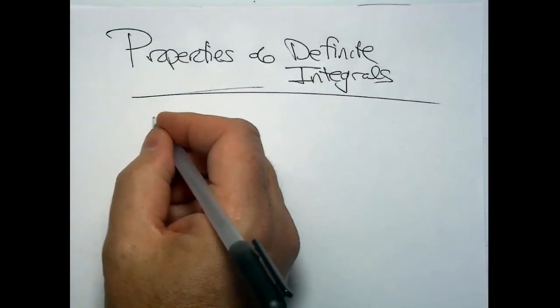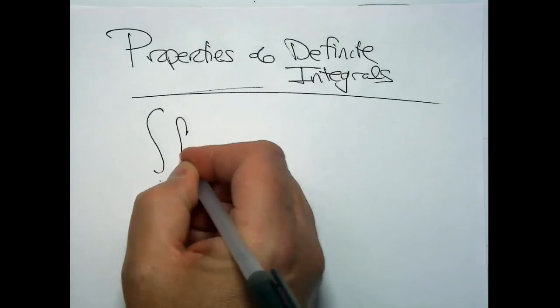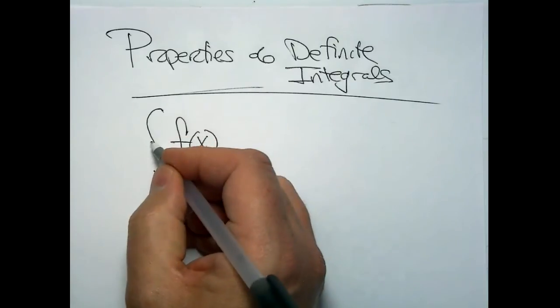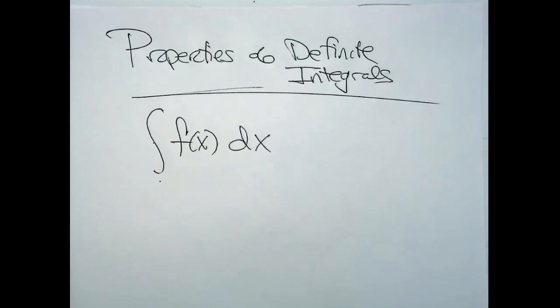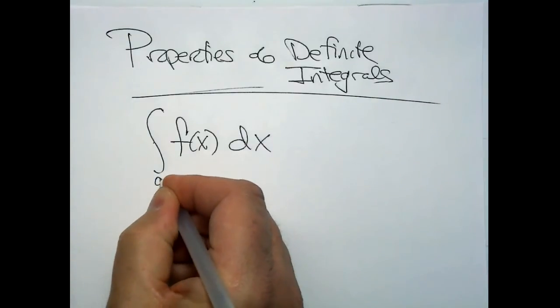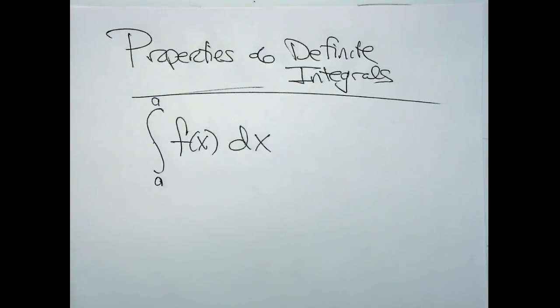Think about this one. What is the area beneath the curve, f of x? Every integral or antiderivative needs a bookend, a dx in this case. And what if I integrated from a to a? What would you get?